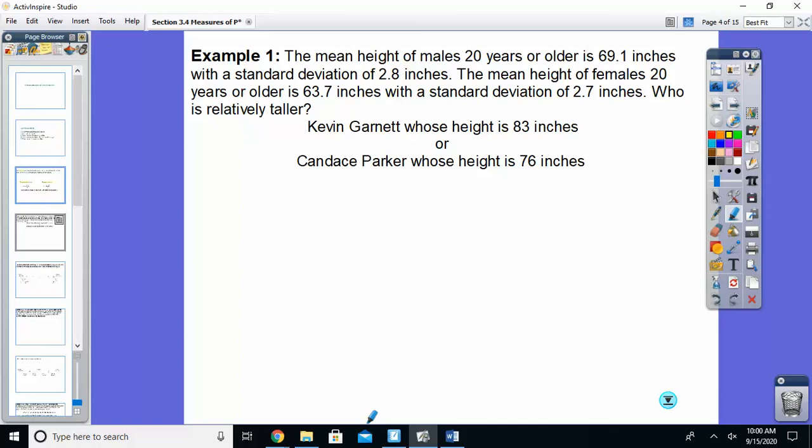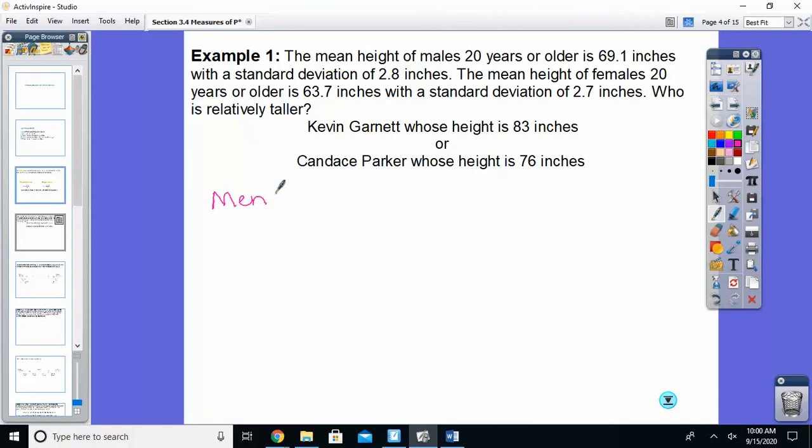Alright, the mean height of males 20 years or older is 69.1 inches with a standard deviation of 2.8 inches. The mean height of females 20 years or older is 63.7 inches with a standard deviation of 2.7. Which of these people is relatively taller? So if you're writing this down in your notes, you don't have to write down everything.